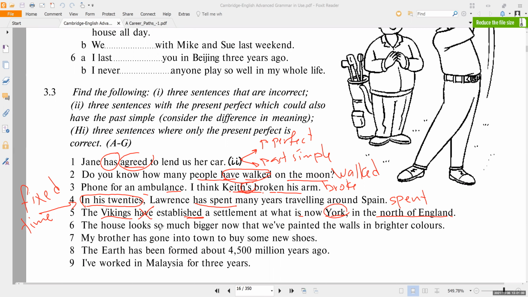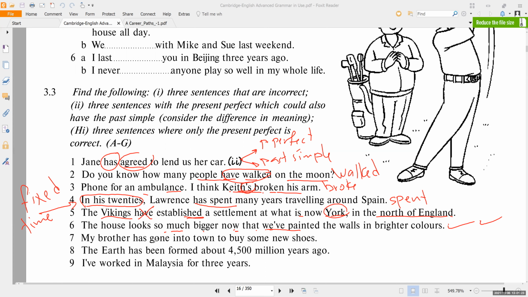Number 6, the house looks so much bigger now that we've painted the walls in a brighter color, so this is okay.